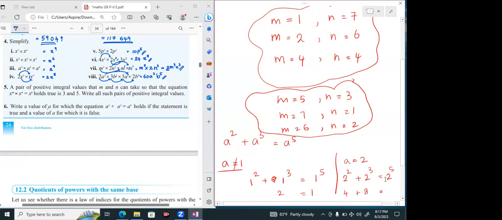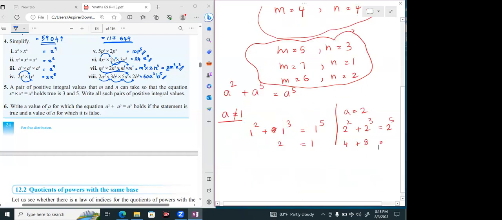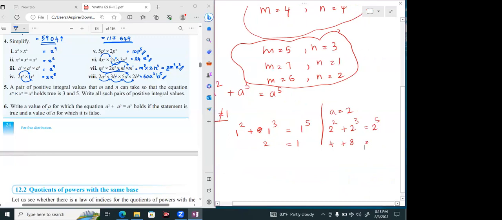Okay. Then when you add this, here it is 12. This side it is 32. That means 12 equals 32. That means we can't take a equals 2.